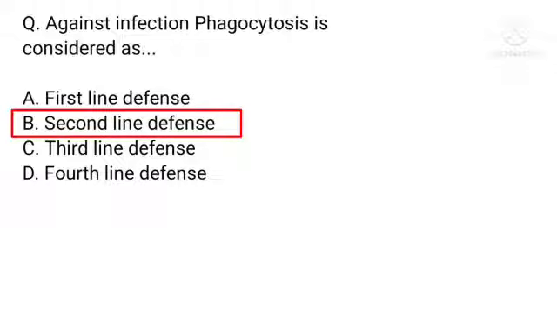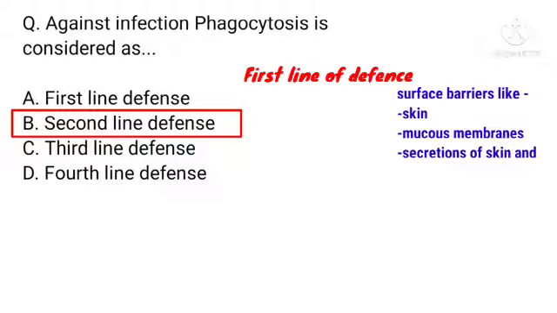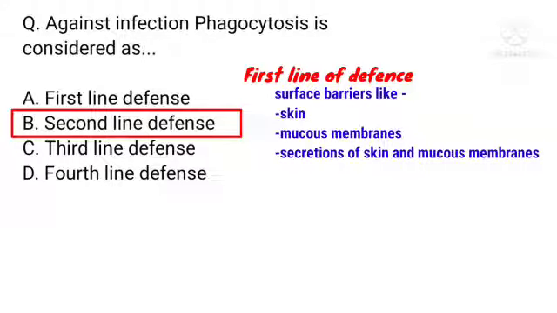Second line defense. The immune system can be divided into three basic lines of defense against pathogenic infection. The first line of defense are the surface barriers that prevent the entry of pathogens into the body, for example, skin, mucous membrane, secretions of skin and mucous membrane.